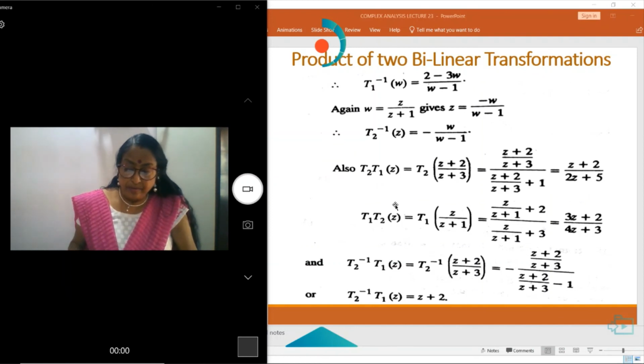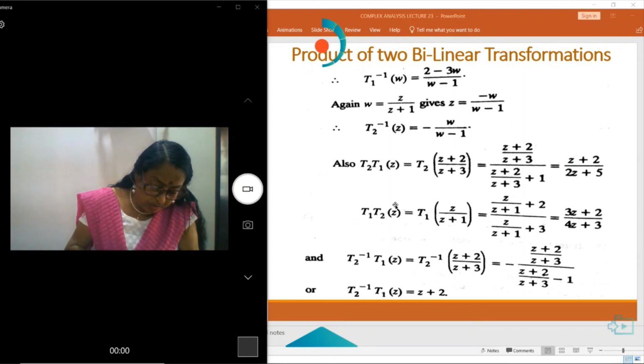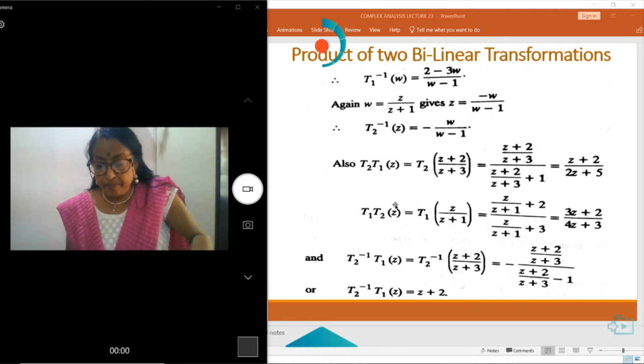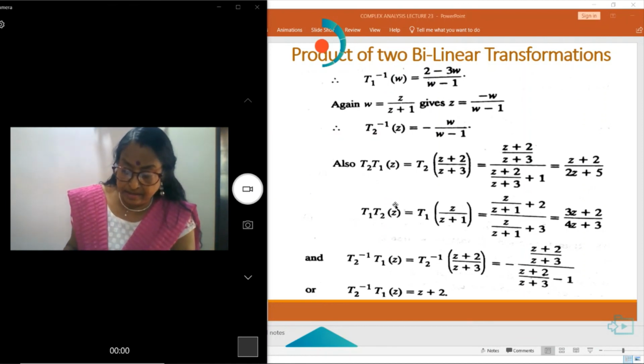So in this way, we can get the values of tau 1 inverse W, tau 2 inverse W, tau 2 tau 1 z, tau 1 tau 2 z, and tau 2 inverse tau 1 z. This is a very important problem. So students, please try it at home. Today this much only.